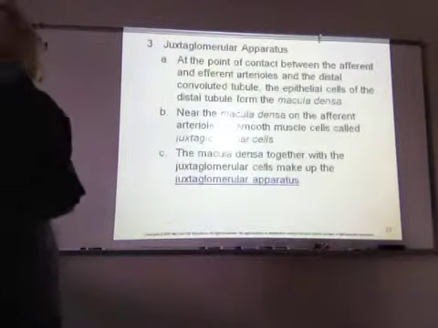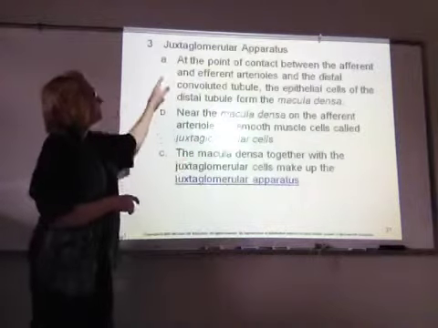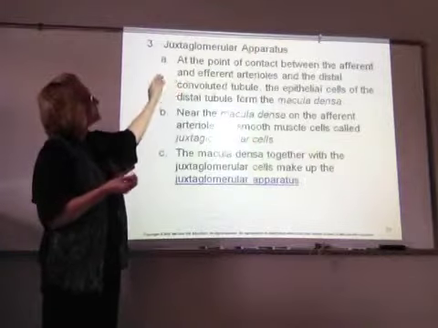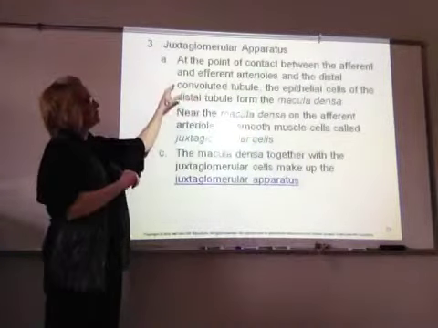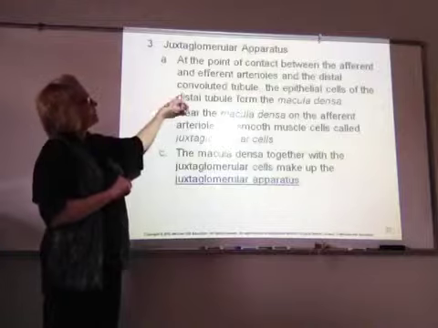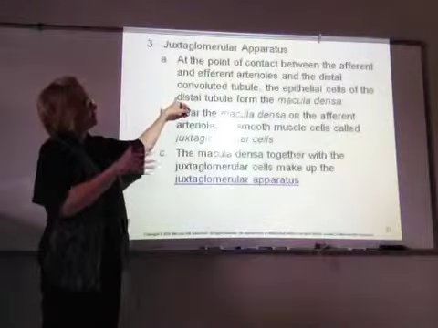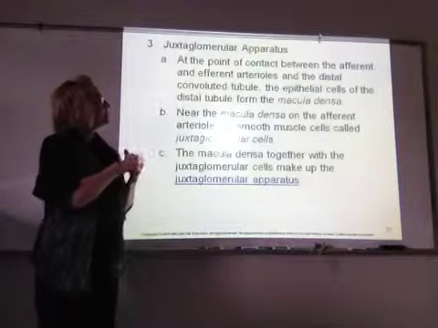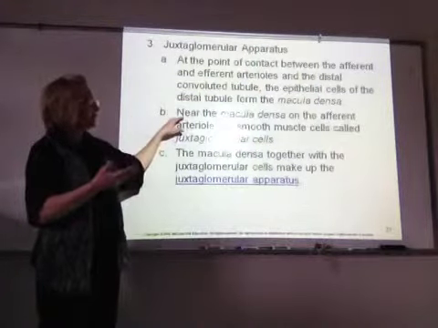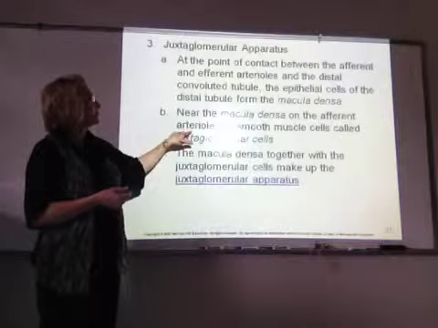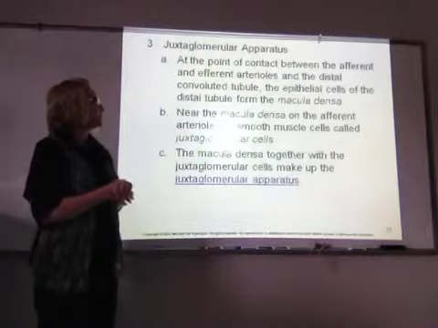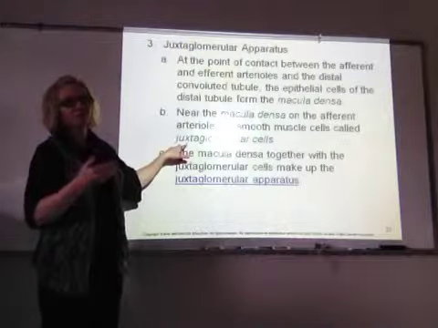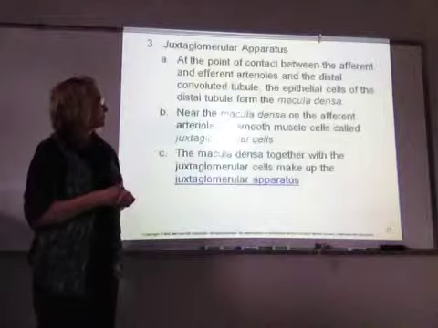The juxtaglomerular apparatus is the point of contact between the afferent and efferent arterioles and the distal convoluted tubule. The epithelial cells there form what's called the macula densa. It's a dense area. Near that area on the afferent arteriole are smooth muscle cells, and those smooth muscle cells are called juxtaglomerular cells.